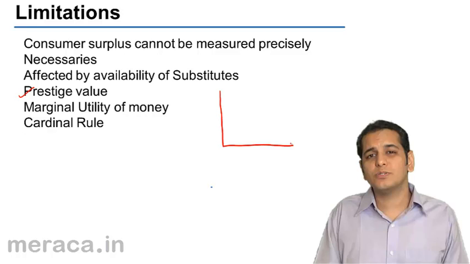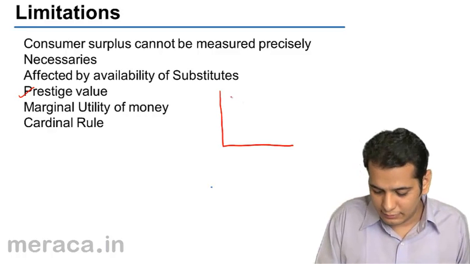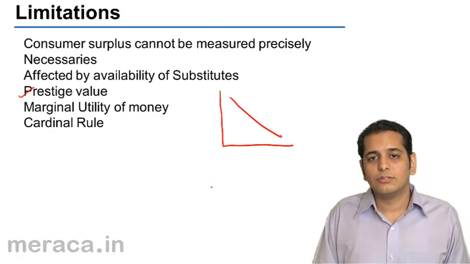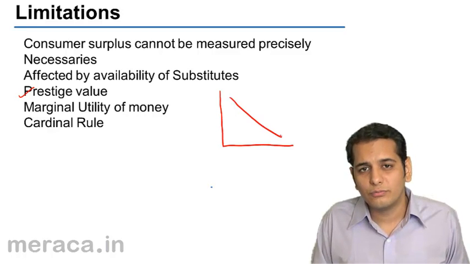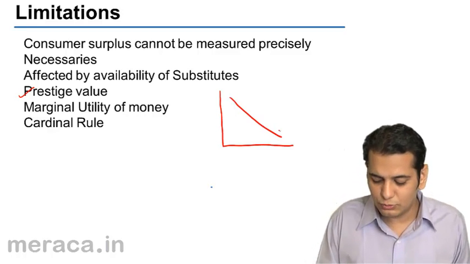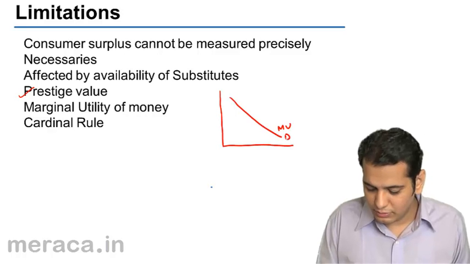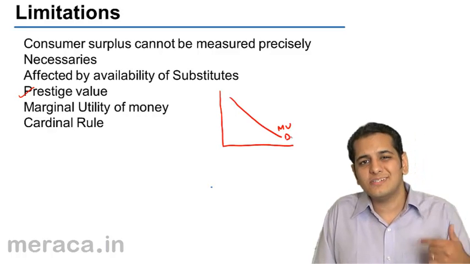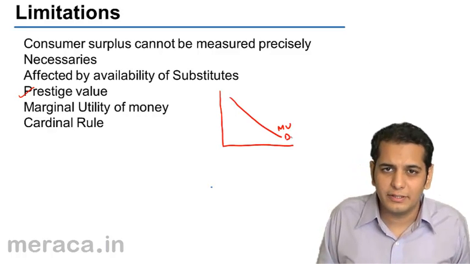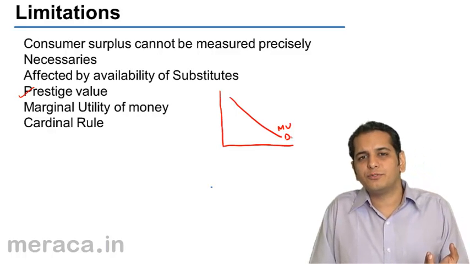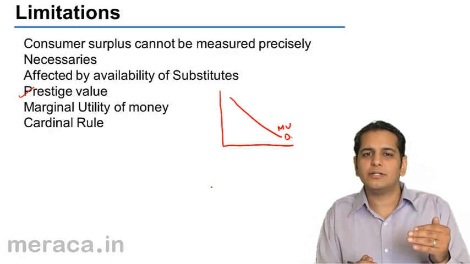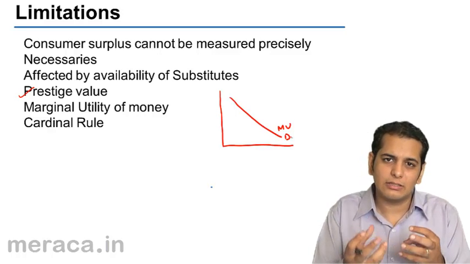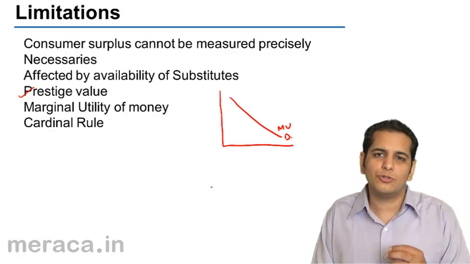To know the consumer surplus, it is important that the demand curve is downward falling, or the marginal utility curve is downward falling, because it is based on the law of DMU, and the law of DMU states that the marginal utility from each additional consumption goes on reducing.